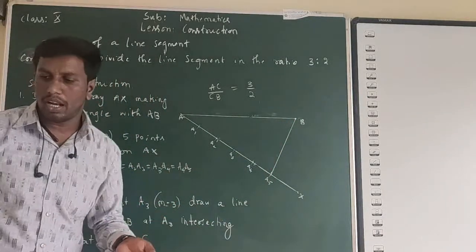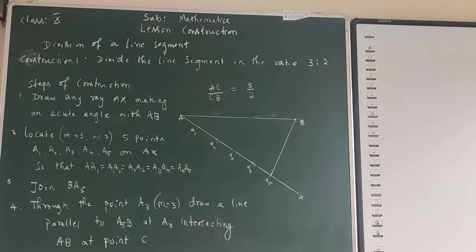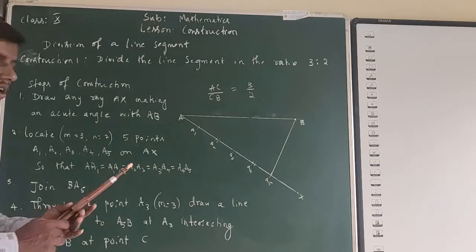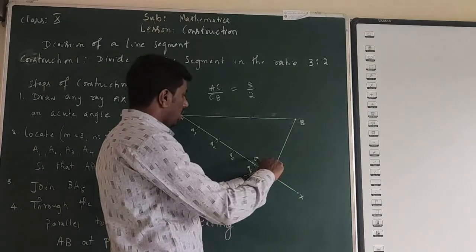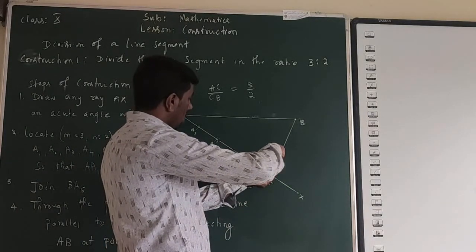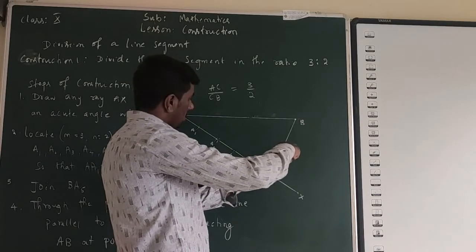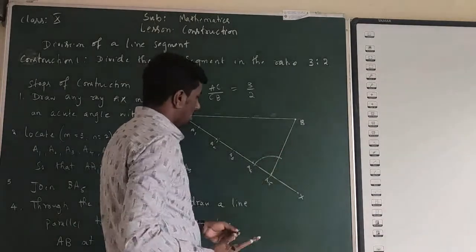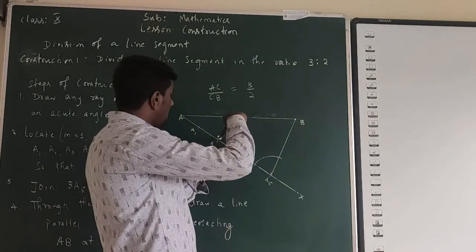How to draw a parallel line? You can't draw it using a ruler, so for that we need to use the compass. Put the compass at A5 and draw an arc to measure this angle. The same angle I should draw at A3 also.